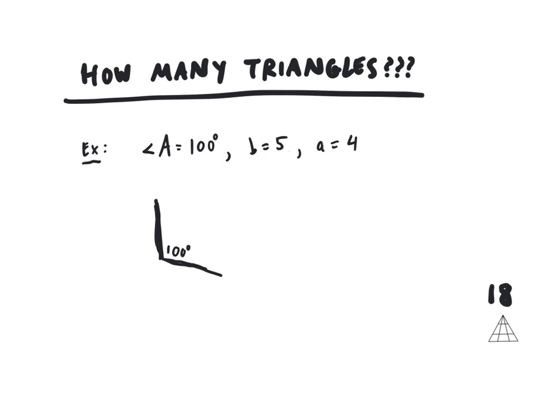So this is angle A here, crudely drawn. And then I notice that side a has to be across from angle A because that's the convention. So side a would go, I guess in yellow, over here. Side a is going to be 4.